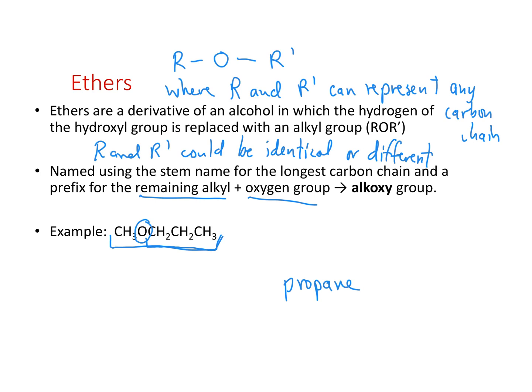So my 2nd carbon group, my shorter carbon group, contains the oxygen. That's just 1 carbon, so that would be a methyl group, but because you've added the oxygen to it, it becomes methoxy. So now putting those 2 pieces together, right, the name of this ether would be methoxypropane.